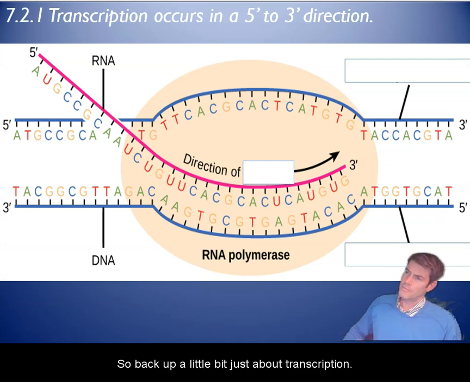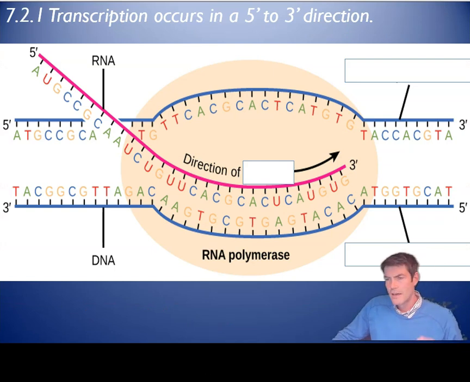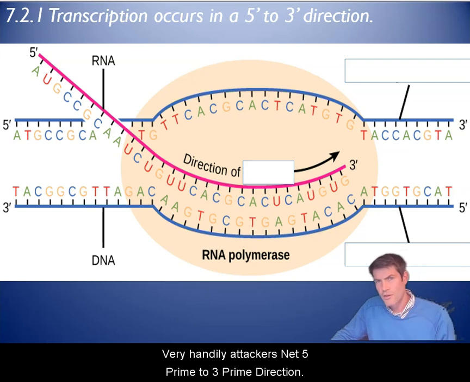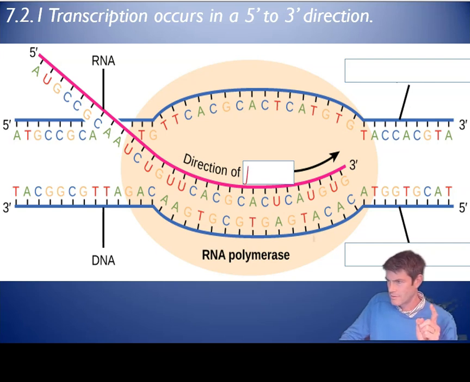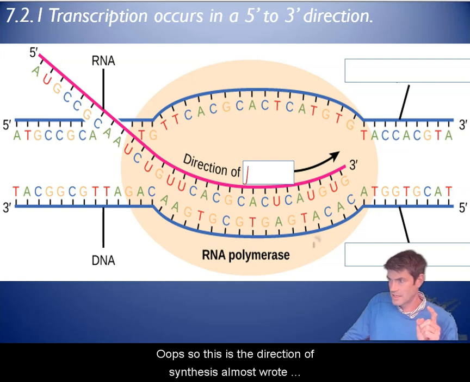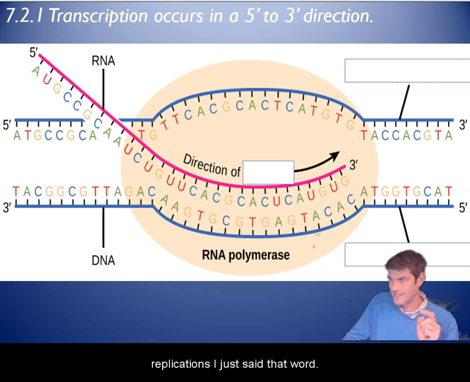So back up a little bit, just about transcription. Very handily, it occurs in the 5' to 3' direction, just like DNA replication that we talked about in the last video. So this is the direction of synthesis. I almost wrote replication because I just said that word.